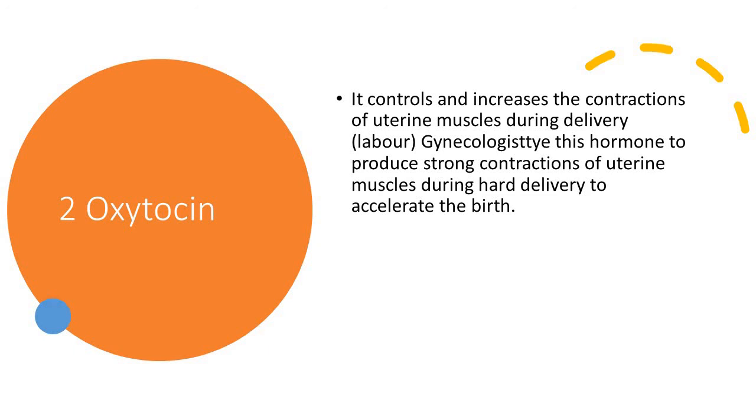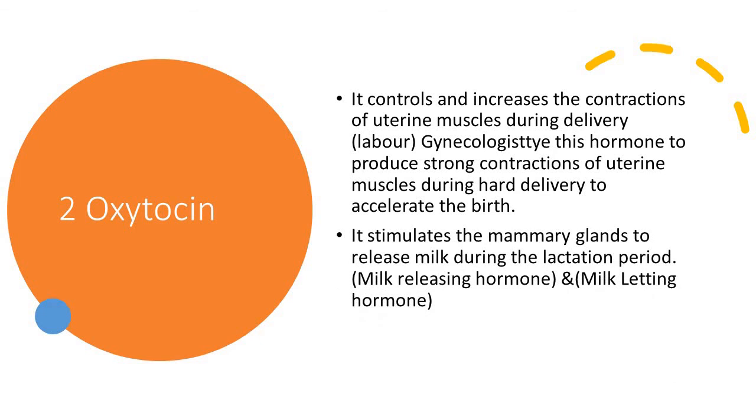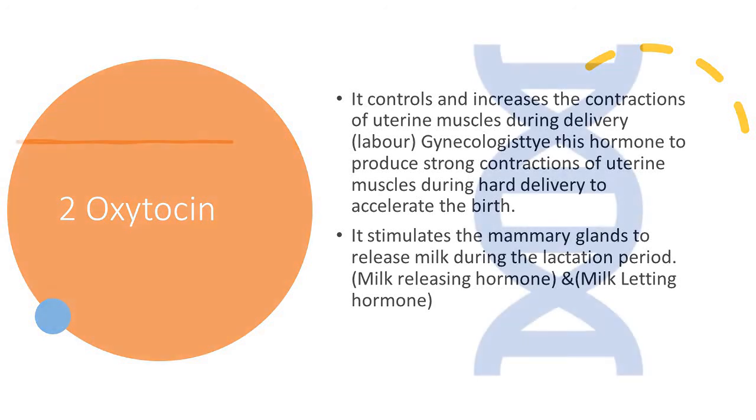So some doctors use this one to help in the process of labor or accelerate the birth. It also stimulates the mammary gland to secrete milk during the lactation period. So it releases the milk, the milk releasing hormone.